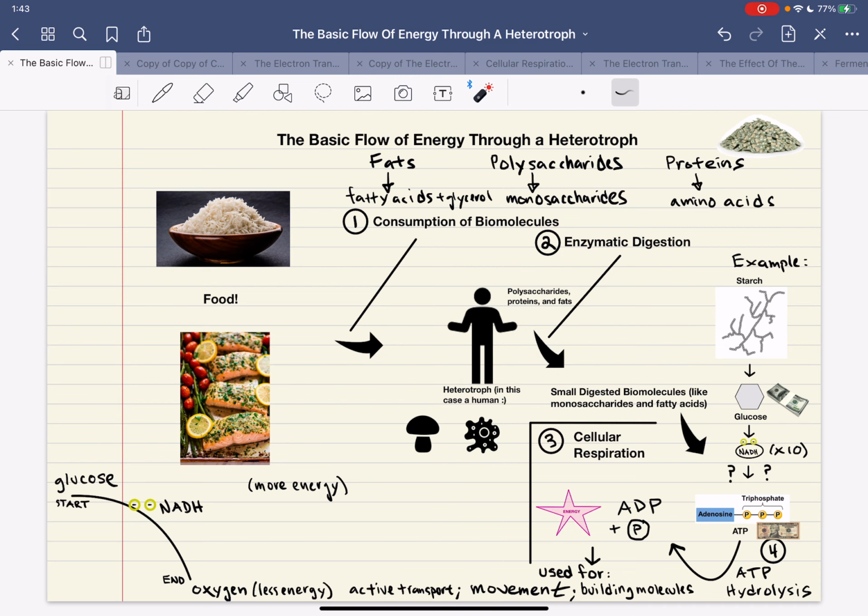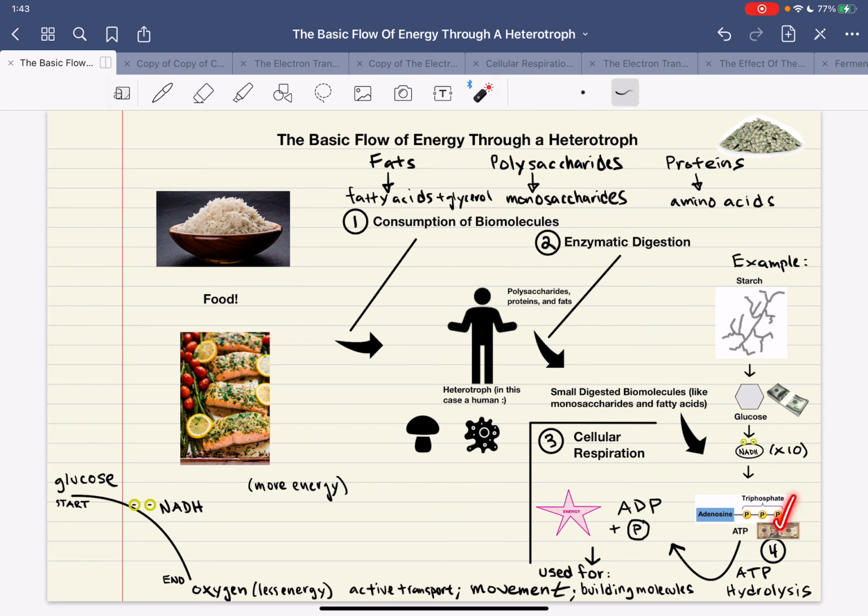The ATP cycle is depicted here. I'm trying to get my laser to work. Here it is. This. So I've taken you through this whole path, and I can get rid of these question marks since we just finished. Now it shouldn't be such a mystery how we go from electrons carried by NADH to ATP.